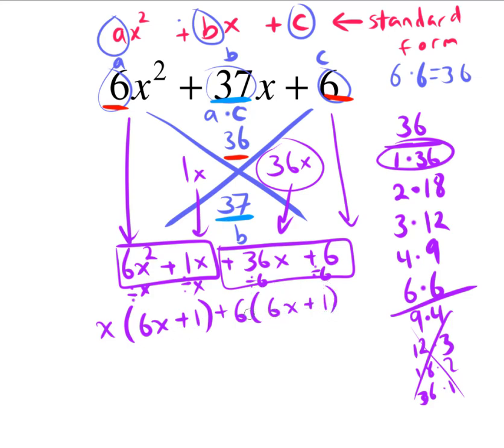I have this same exact term here, the same exact binomial here as one of my factors. So what I can do is combine these into one factor, and they become 6x plus 1. And then my outside terms, x and plus 6, become my other factor.